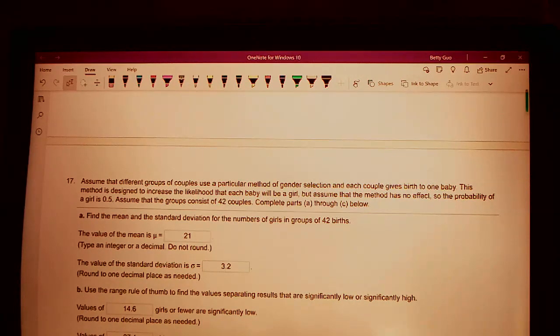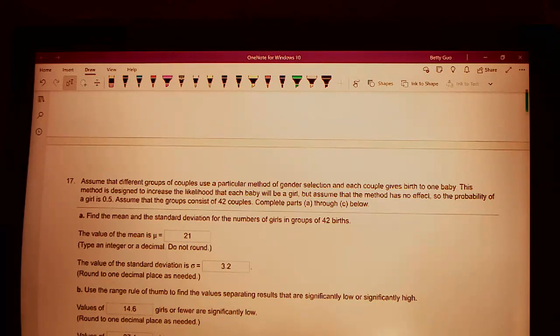Assume that the groups consist of 42 couples. Complete the parts from A to C. Part A, find the mean and the standard deviation for the number of girls in groups of 42 births.